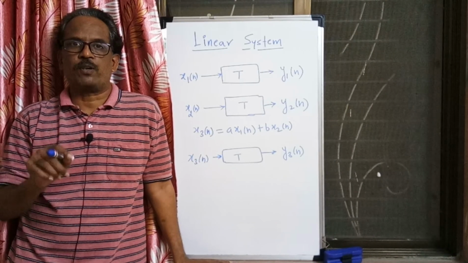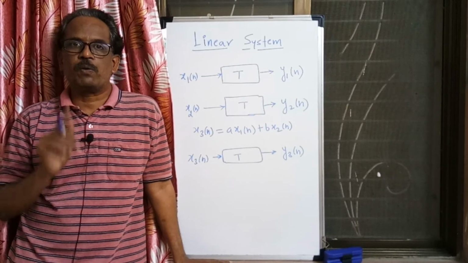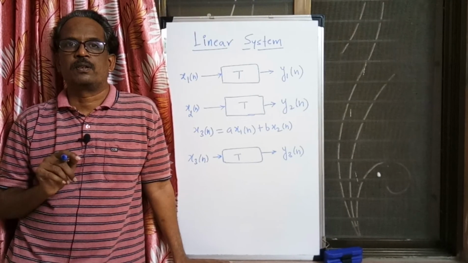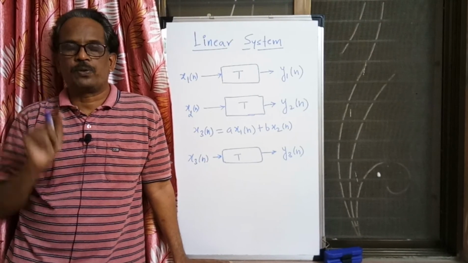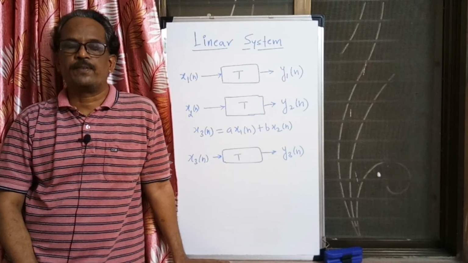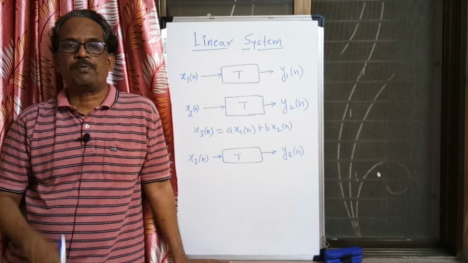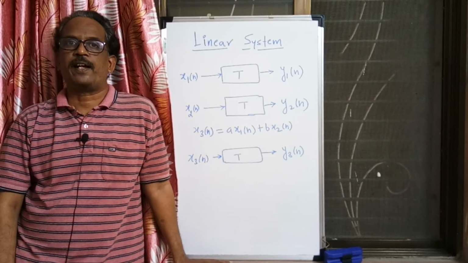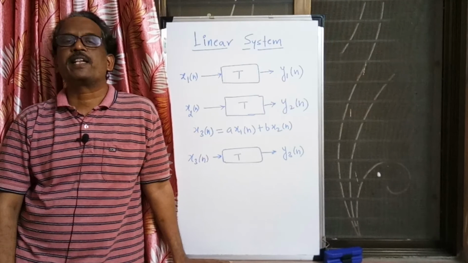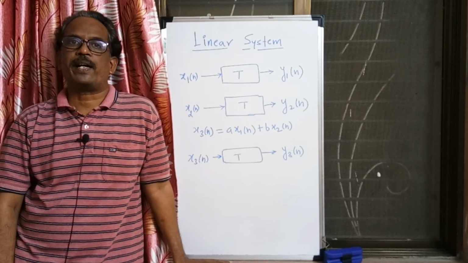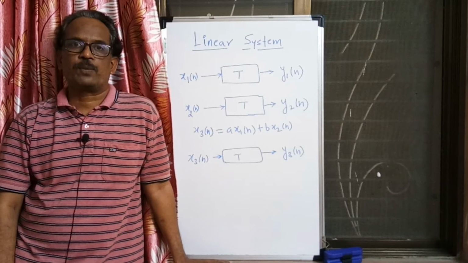If this response y3[n] is equal to the linear combination of the outputs to the individual inputs x1[n] and x2[n], then we can say that the system is linear.